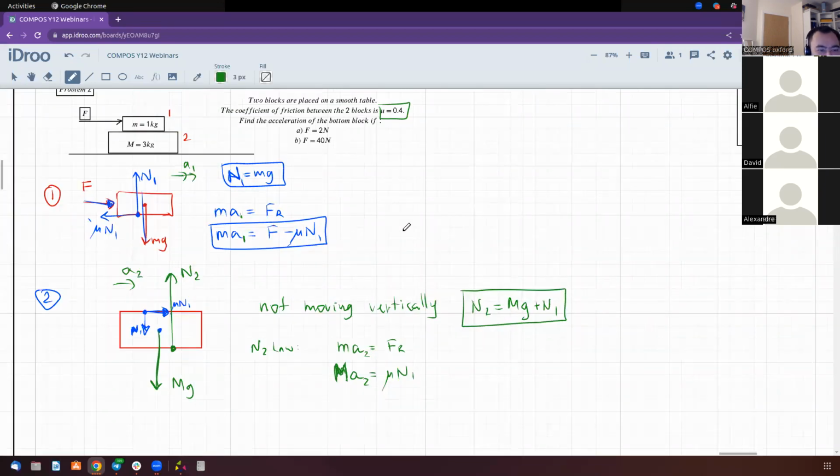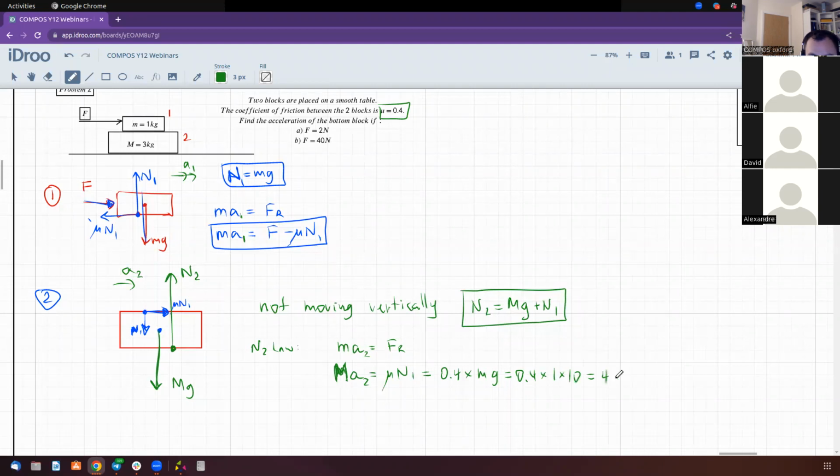Mu N1 is 0.4 times N1, and N1 is mg, so 0.4 times 1 times 10.